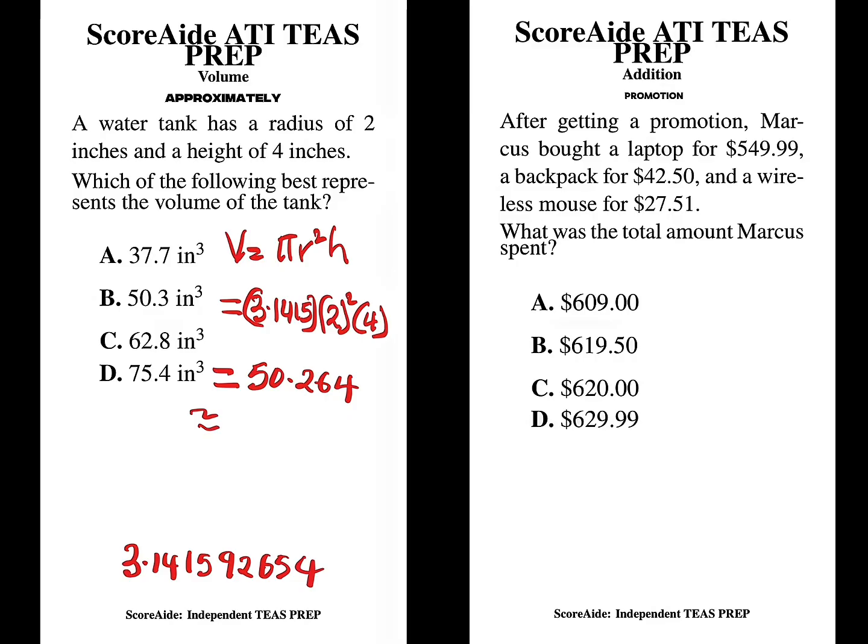If we want 3 significant figures, it's going to give us 50.3 cubic inches, since it's a volume. So the answer is going to be B, right? Perfect.